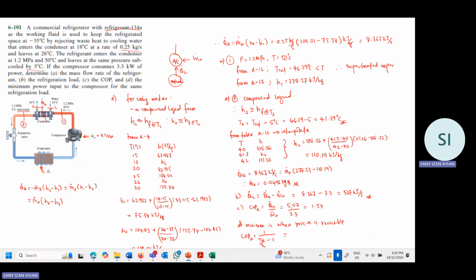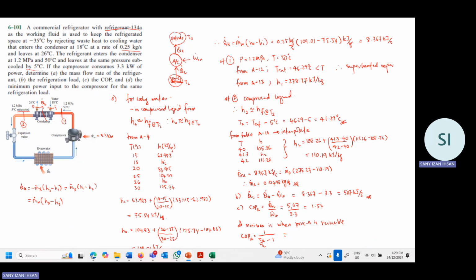It's not the outside, basically the refrigerated space. Let's call that the space, and we throw out to our outside. This is the space that we want to cool. So you are taking the QL from there, and you take the QH and throw it to the outside. And this is your TL, and this is supposed to be your TH. So that is the relation that we have.